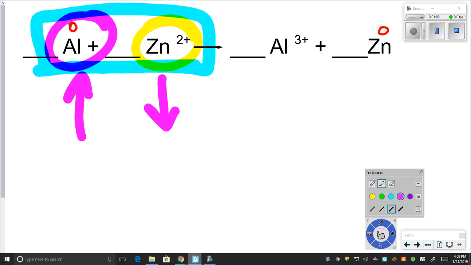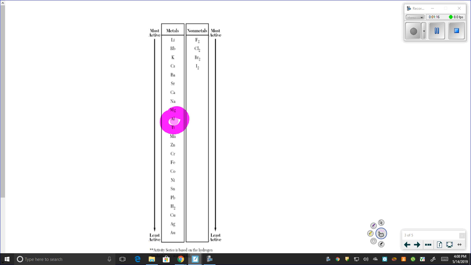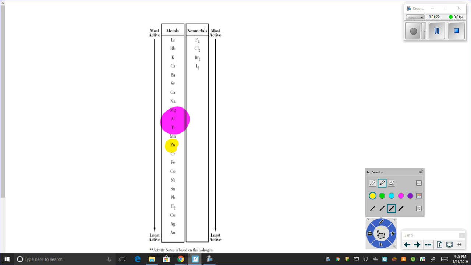So our aluminum is our free state, and right there is our aluminum. And then we look for our zinc, and our zinc is right there. So our free state element is higher than our ionic element, and that means we are good to go.